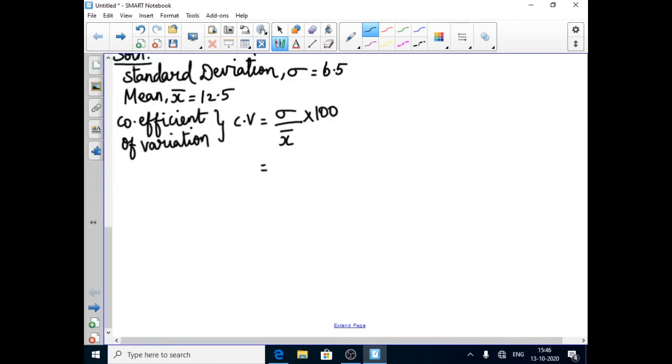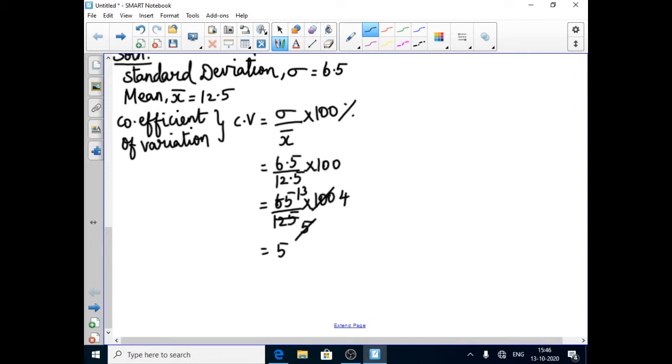That is equal to 6.5 by 12.5 into 100. Both in the numerator and denominator you have only one decimal place, so leave the decimal places and write it as 65 by 125 into 100 percent. Cancel in the 25 table, 5 times, 4 times 25 is 100.